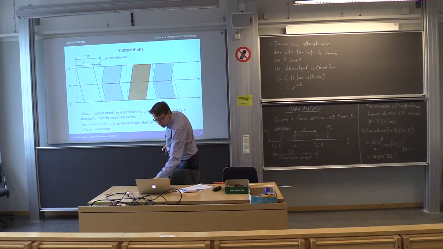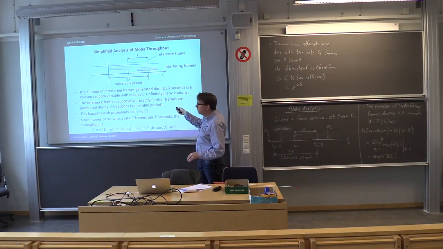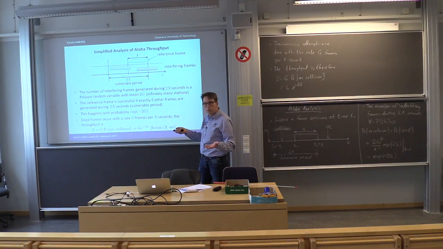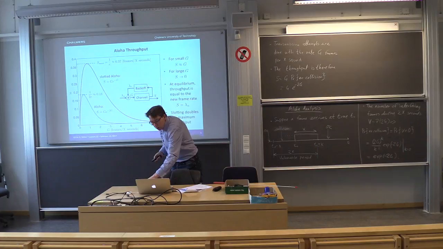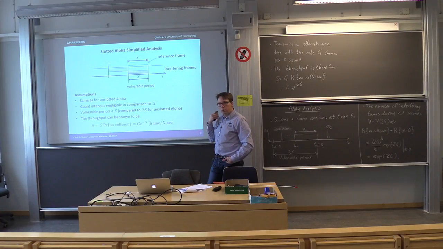Before we had that frames which were generated during a period of 2X seconds will cause a collision. Now, only frames that are generated during X seconds will cause a collision. So the collision rate goes down by a factor of 2. Right?